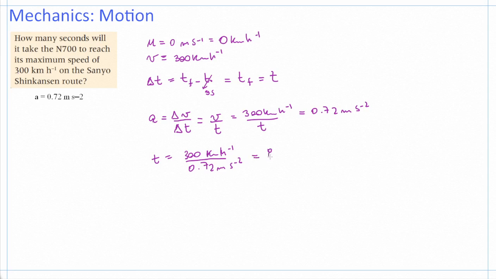That would be around 83.3 meters per second over 0.72 meters per second squared. If you look at the units now, we'll be able to cross out meters, and cross out one of those seconds to the minus 1, and we'll have 1 over second to the negative 1, which will be seconds. So 83.3 divided by 0.72 is going to be 116 seconds. So it's almost 2 minutes.